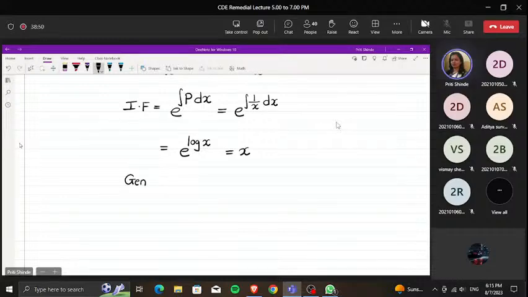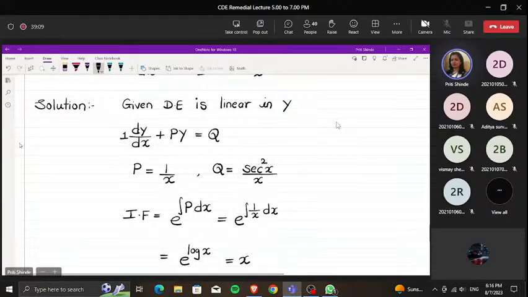In exact differential equation, we actually multiply our differential equation by an integrating factor. But in linear differential equation, you can write down your general solution. Just find out the integrating factor and write down the general solution. Now, what is the formula to write down the general solution?